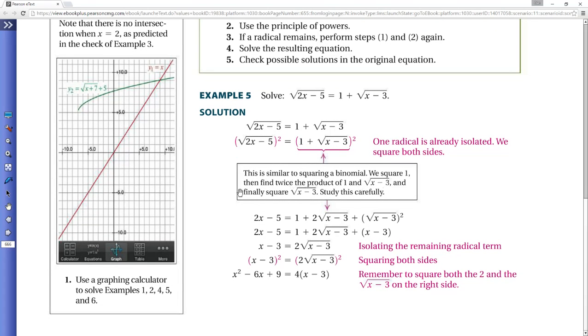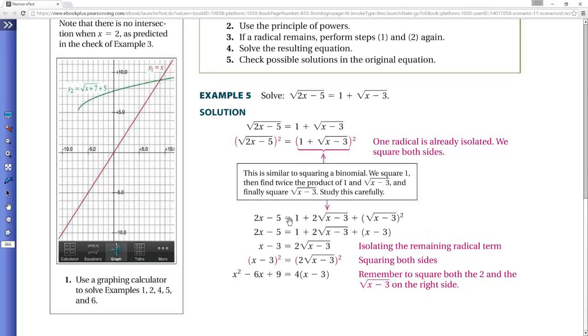This little note here is very useful. This is similar to squaring a binomial, and if you can remember these shortcuts, boy, it's going to save you a lot of work. They say here, study this carefully. This is a review of squared binomials.